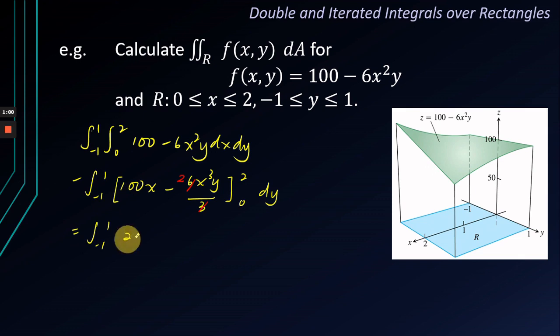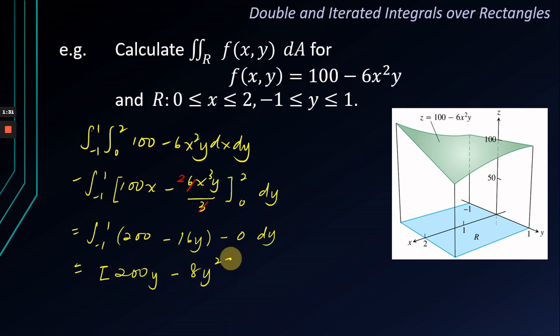We get 200 minus 2 cubed is 8, 8 times 2 is 16, so 16y, this is from the upper limit, minus the expression with the lower limit, that is 0. So we can continue to integrate now, and we get 200y minus 8y squared. The 0 you integrate, you still get 0.